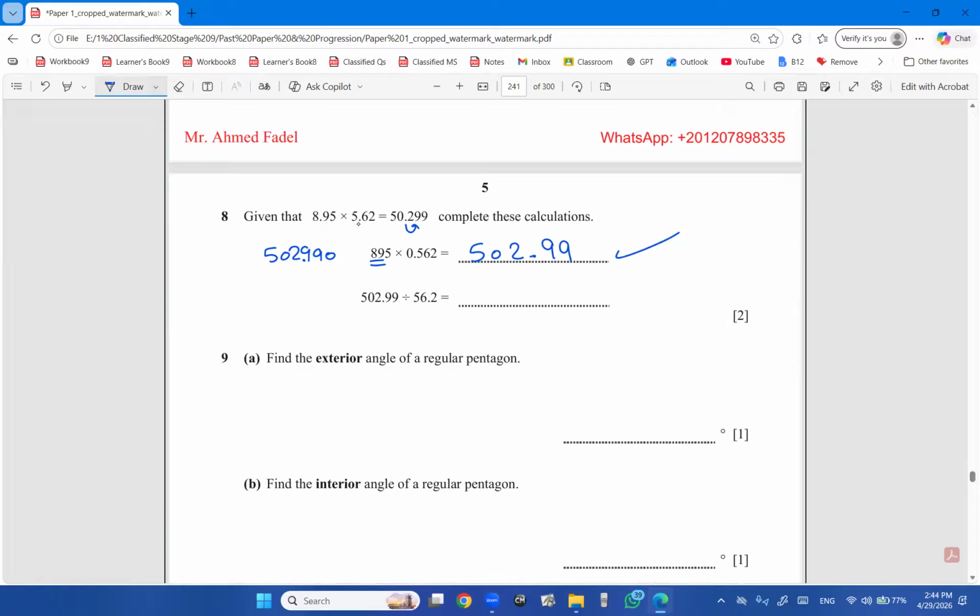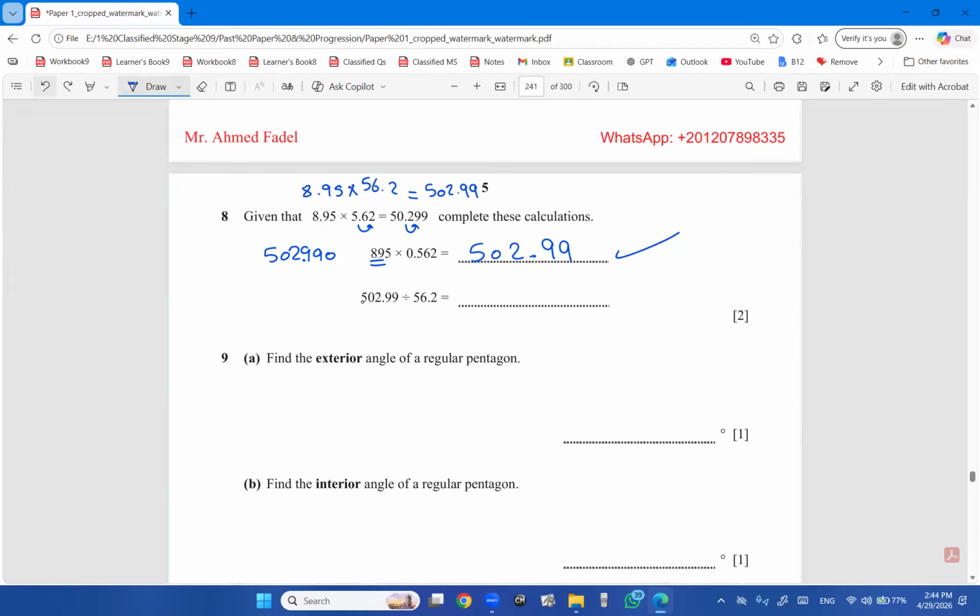And this one also as if you multiplied it by 10. So as if you're saying 8.95 times 56.2 equals 502.99, right? So now if I say to you 502.99 divided by 56.2, it is going to give you 8.95.